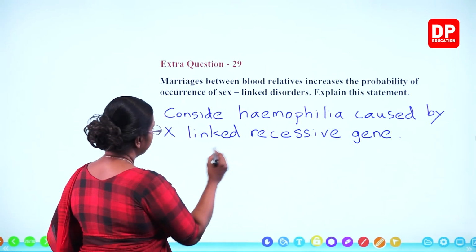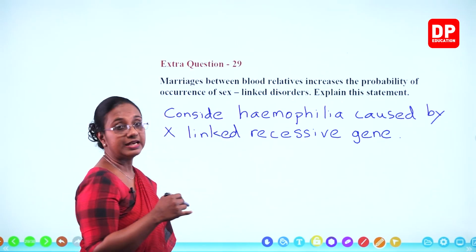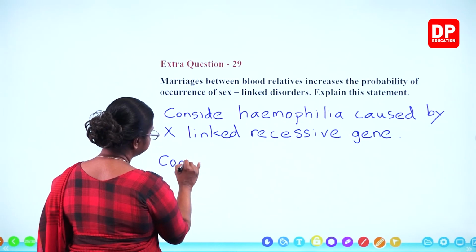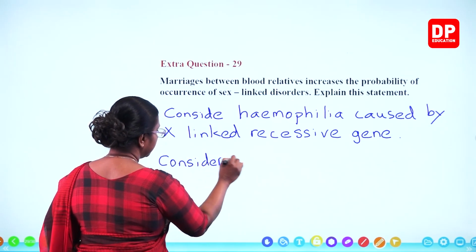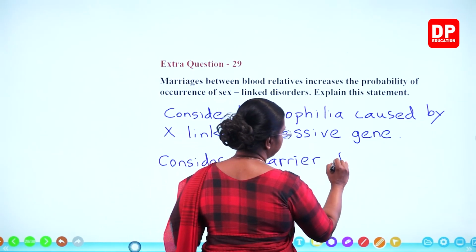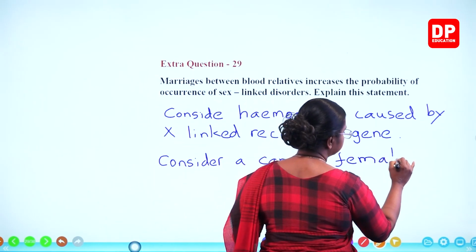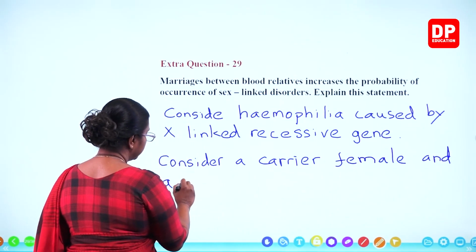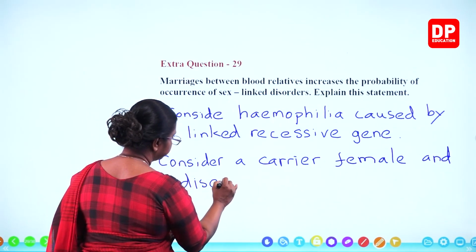So here for hemophilia, if we take the letter H, so what happens? Consider a carrier female and a diseased male.